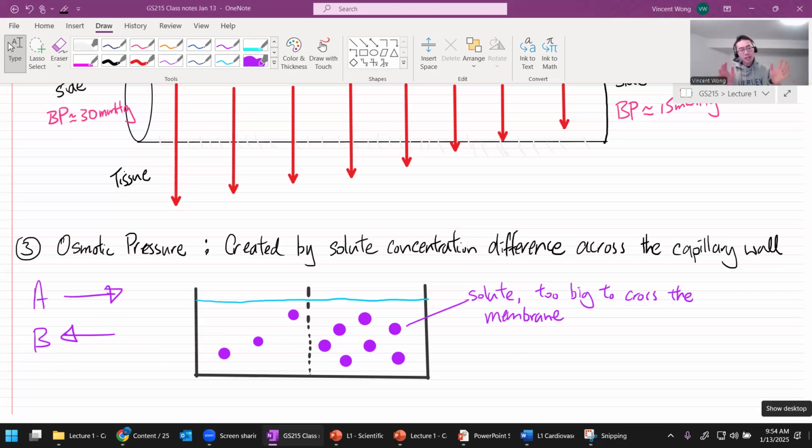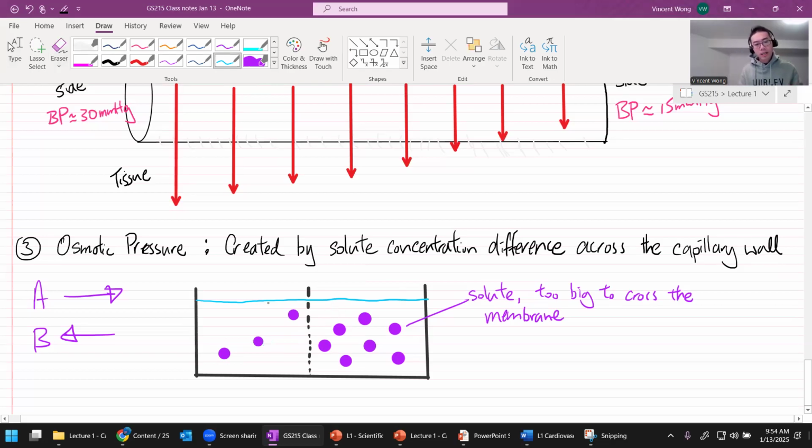All right, this is an important thing to understand before we can talk more about osmotic pressure. Remember, the purple dots are too big to cross. They are not able to move. The purple balls cannot go to the left. So the only thing that can move is the water.